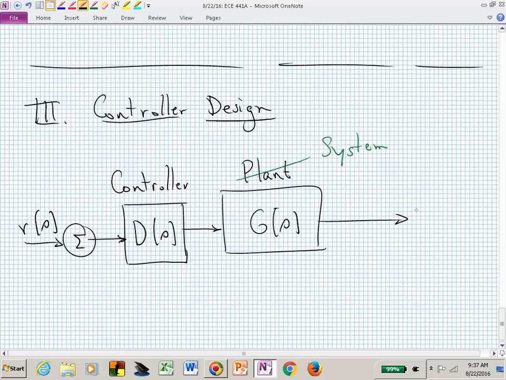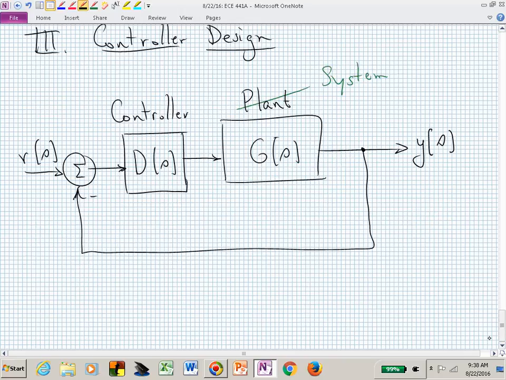We may actually want to measure the output, Y of S, feed that back, compare that with the reference input that we've introduced, R of S, and hopefully then the closed loop system that we end up with will behave in a manner that we're more comfortable with or that we prefer. The third part of the class then is figuring out how do we design this capital D of S transfer function.